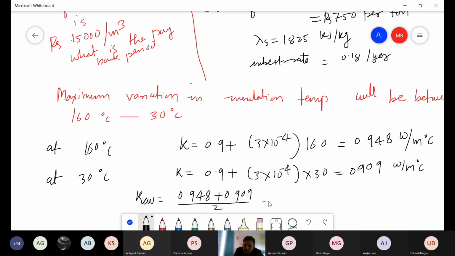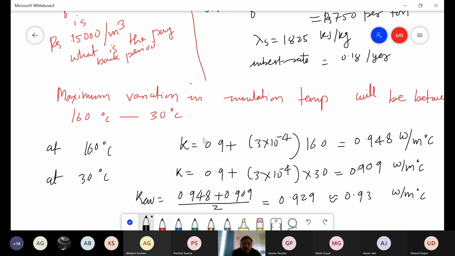So if I take the average of this, what we get is around 0.929, almost 0.93 watt per meter degree Celsius. That is what you are going to get. So we will solve this entire problem with the assumption that thermal conductivity is constant and that constant equals 0.93. Why are we making that assumption?